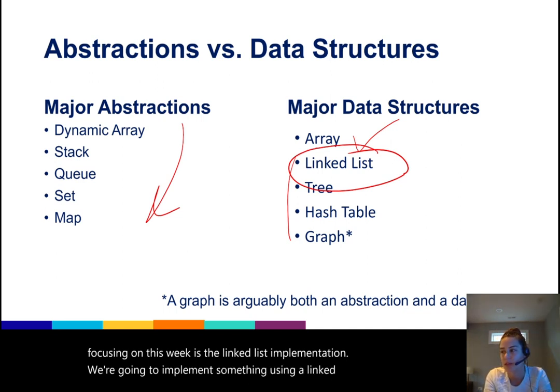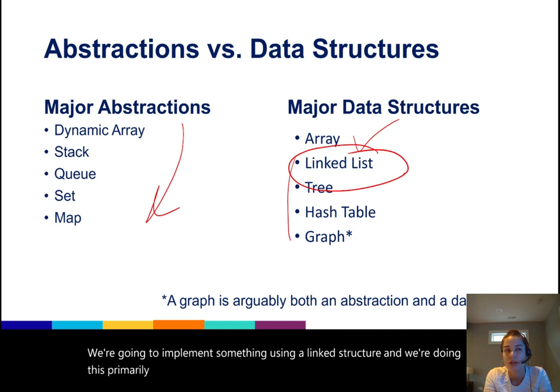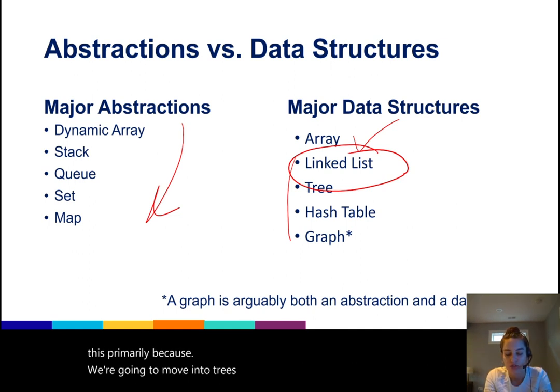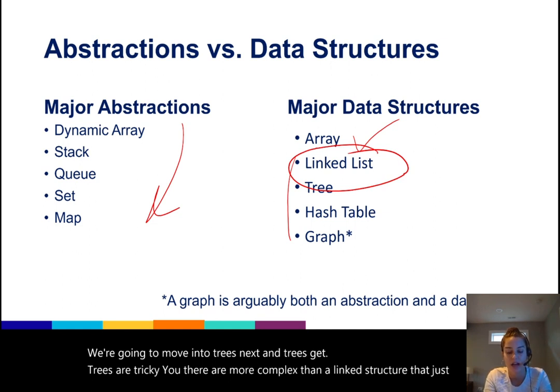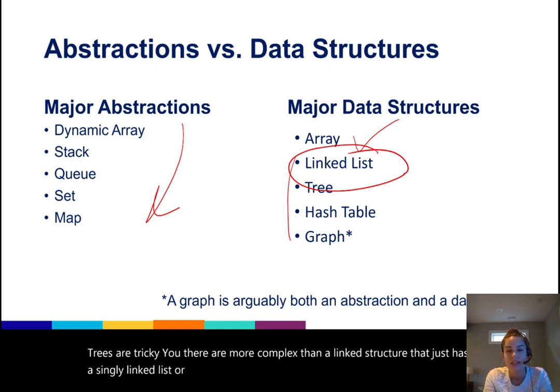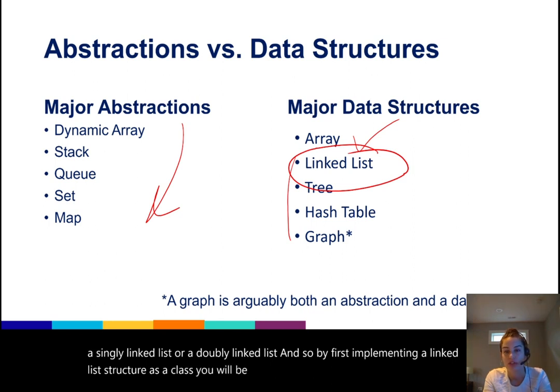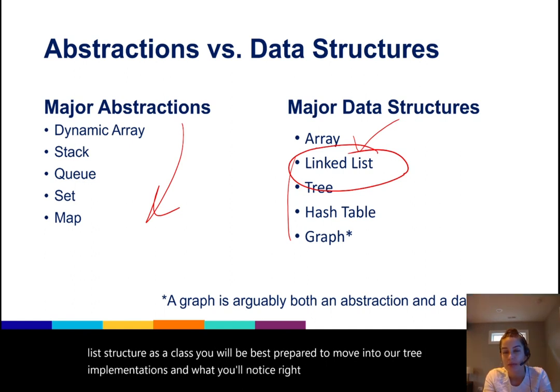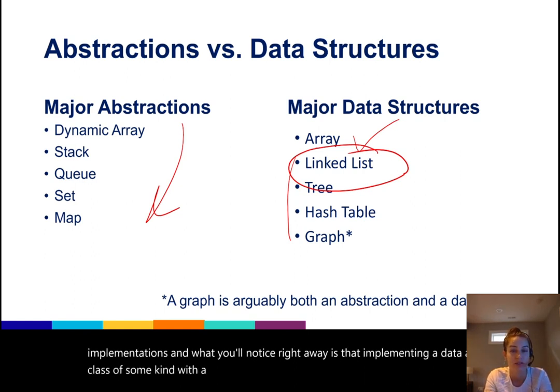We're doing this primarily because we're going to move into trees next, and trees are tricky. They're more complex than a linked structure that just has a singly linked list or a doubly linked list. So by first implementing a linked list structure as a class, you will be best prepared to move into our tree implementations. What you'll notice right away is that implementing a class with a linked structure versus a C array is very different, and it's very challenging.